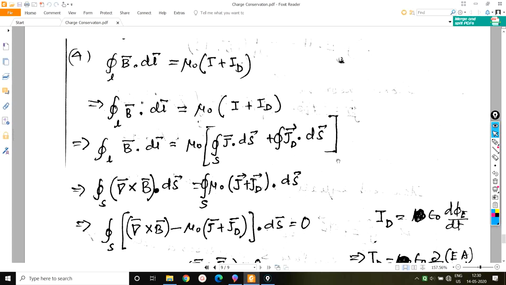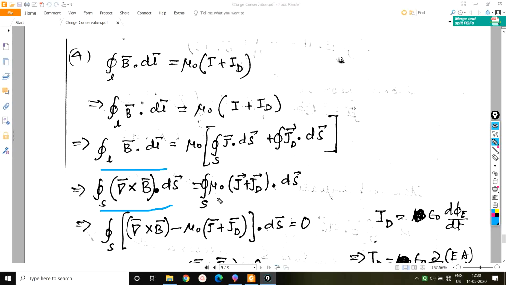On the left hand side, line integration of B dot dl is replaced by surface integration of curl of B dot ds by Stokes theorem, which we are using several times: line integration of A dot dl is equal to surface integration of curl of A dot ds. So this is the conversion of line integral to surface integral on the left hand side.